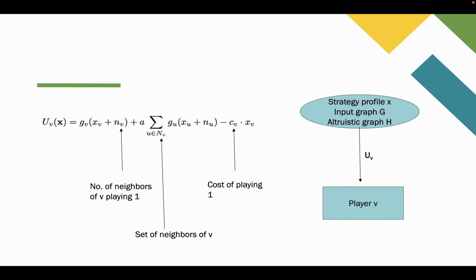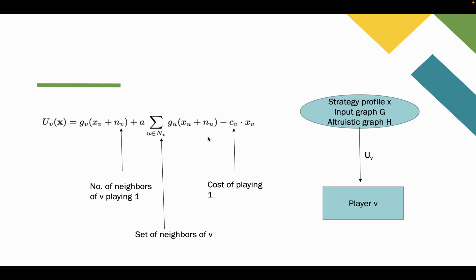Typically, the reward form is kind of broken up in this way. There is some non-decreasing function GV, which only depends on the sum of the decision of the player V and the number of neighbors of V playing 1.